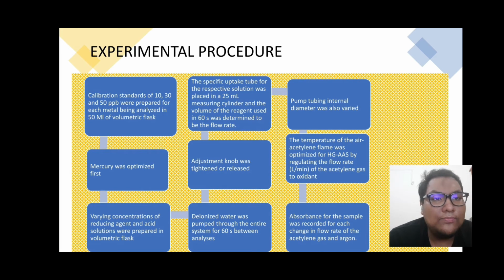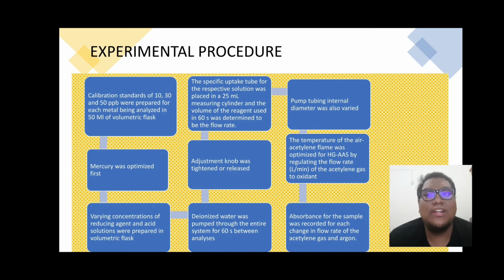Next we have to make sure that the pump tubing internal diameter was also varied, so that we have the opportunity to control the effect of the flow rate. The temperature of the air-acetylene flame was then optimized for HGAAS by regulating the flow rate, in liters per minute, of the acetylene gas to oxidant. We also have to make sure that the tubing of the sample was kept constant at 2.28 mm, and the pump tubing for the acid and reductant was varied.